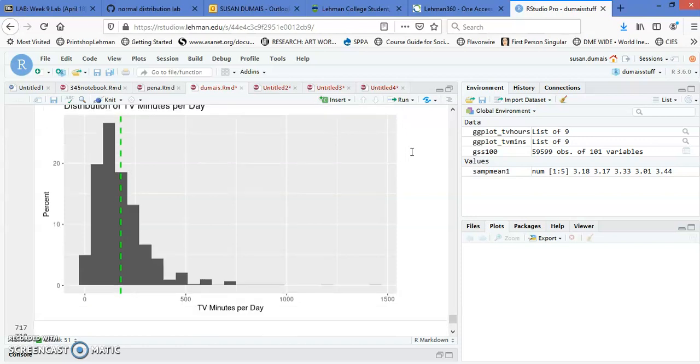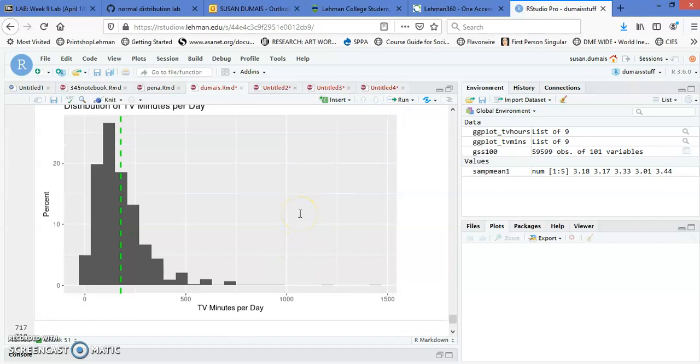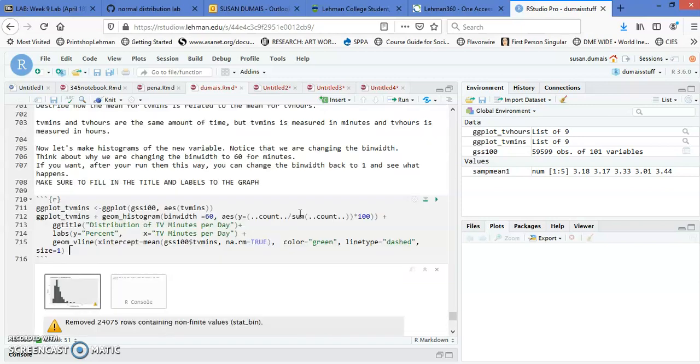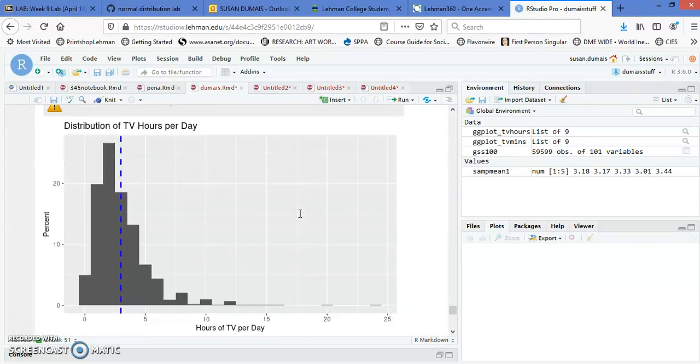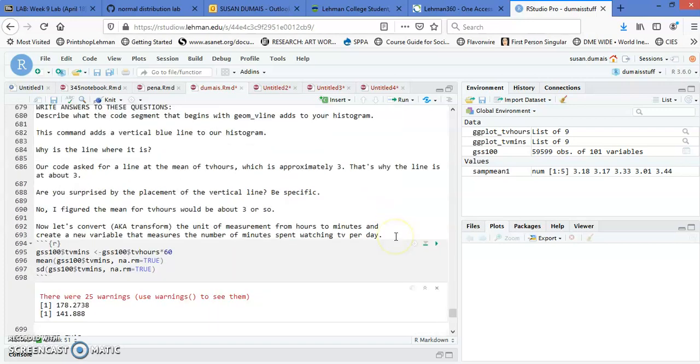So let's look at TV minutes per day. Is the shape the same as TV hours? Yes. But the axis is not the same, right? This is going from 0 to 24, 25 hours across the bottom.